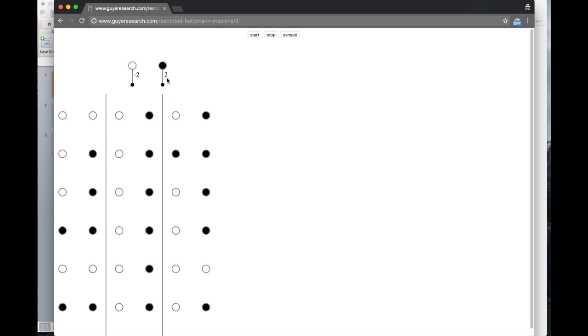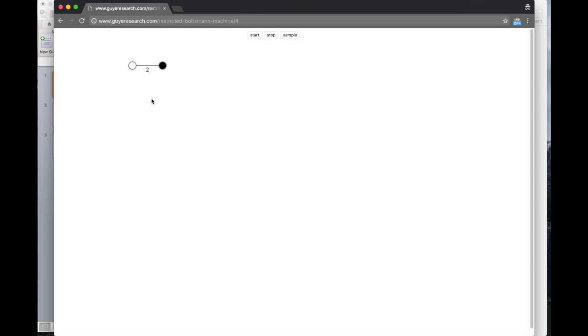So this is how the weight of the bias neuron could control the probability of the stochastic neurons. And by tweaking these weights, you can get the kind of distributions of configurations you want.